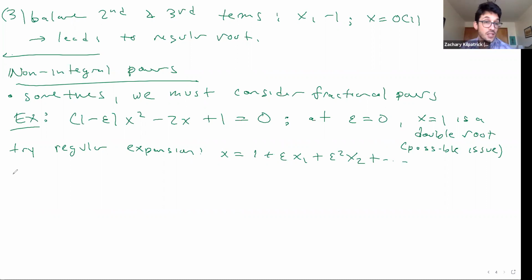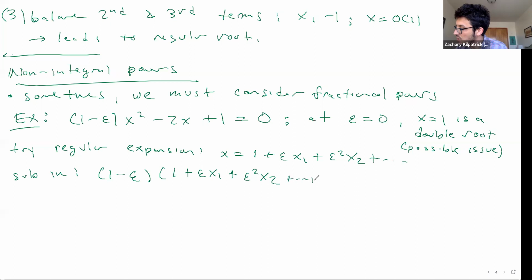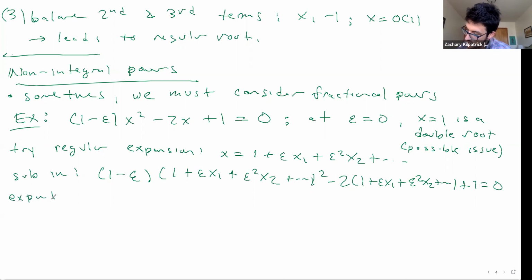If I try the regular perturbation expansion, I substitute this in. I have (1 minus epsilon)(1 plus epsilon x1 plus epsilon squared x2 and so on) squared, minus 2 times (1 plus epsilon x1 plus epsilon squared x2, and so on), plus 1 equals 0. Now let's expand.